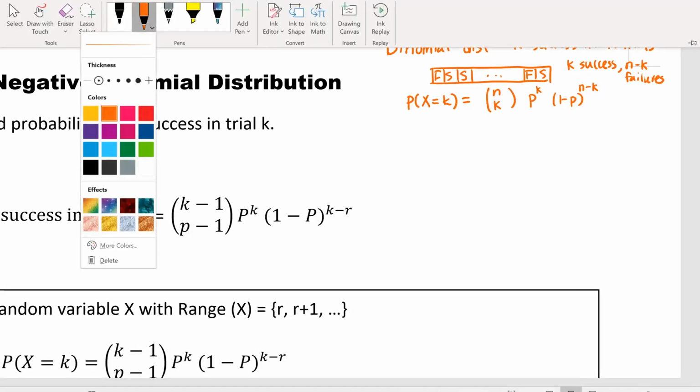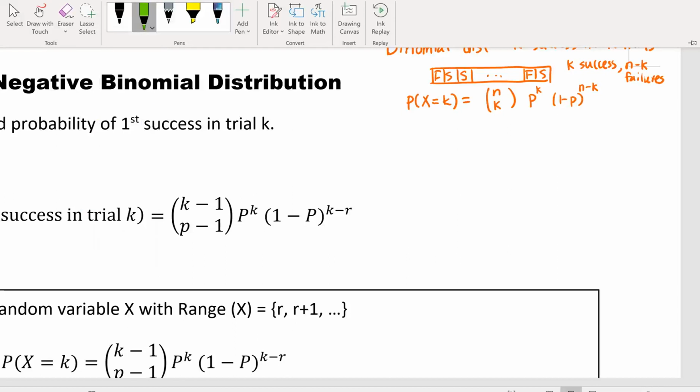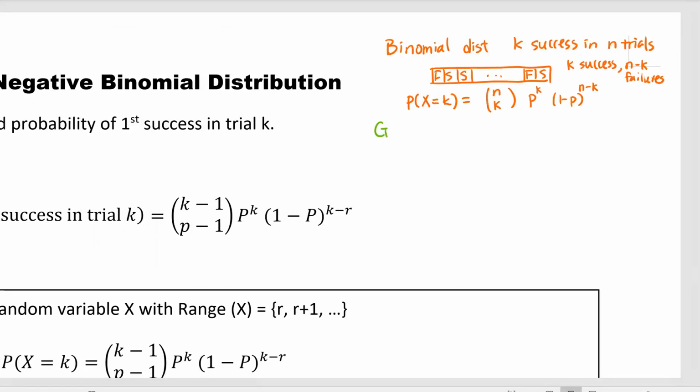How about the geometric distribution? For the geometric distribution, we care about the first success in the K trials.